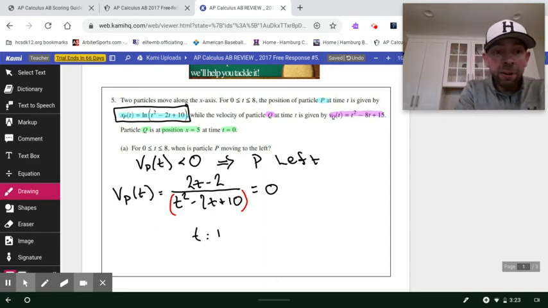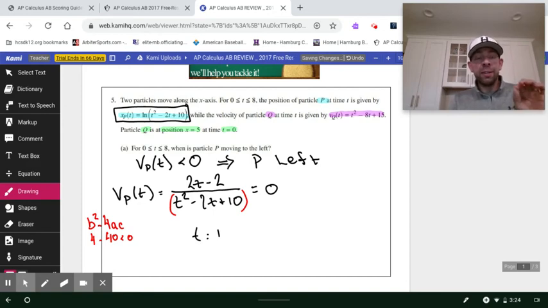If you want to verify that, we're just going to calculate our discriminant, if you remember from that old quadratic formula. In this case, you're going to get 4 minus 40. Anytime the discriminant's negative, it guarantees that the roots are imaginary. So basically, there are no other critical points other than t equals 1 that we need to concern ourselves with.